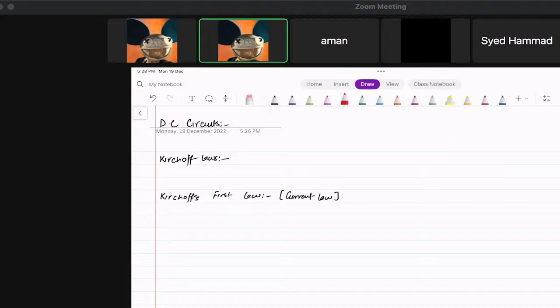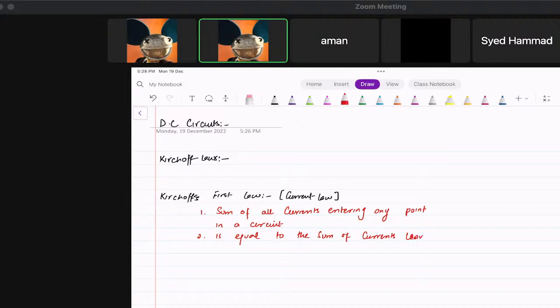Number one, the sum of all currents entering any point in a circuit is equal to the sum of currents leaving that same point.